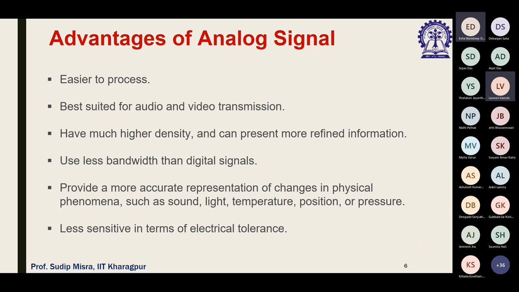They use less bandwidth compared to digital signals. This is very important, and we'll encounter it again. There are a few other advantages also, for example, they are less sensitive in terms of electrical tolerance.